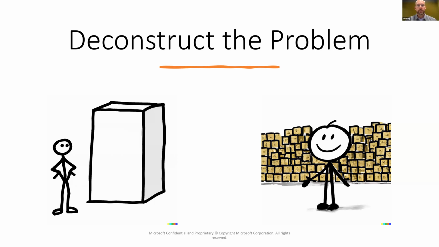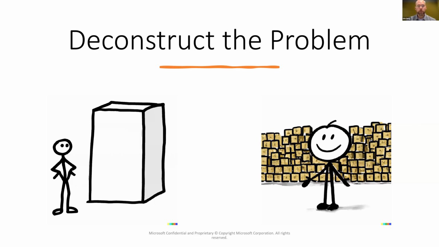So if you're not getting what you want, take a step back, see if there are smaller, more easily constructed components to the problem, and then ask ChatGPT to go ahead and synthesize all those components at the end. And this is kind of the secret, right?